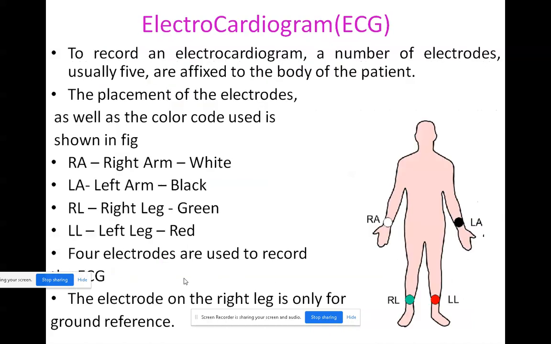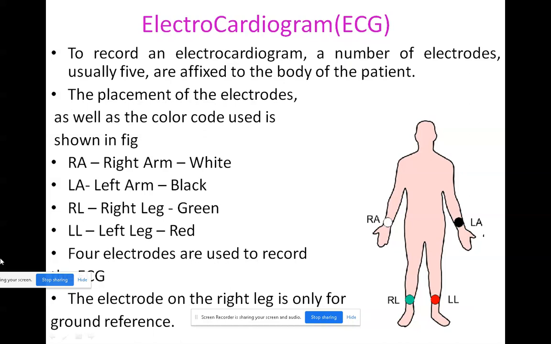Okay, the next topic: the electrocardiogram, how it is recorded. Electrocardiogram is recorded by using electrodes. Here we are going to use 5 electrodes, which will be fixed on the human body surface. The placement of the electrodes as well as the color code is given here.